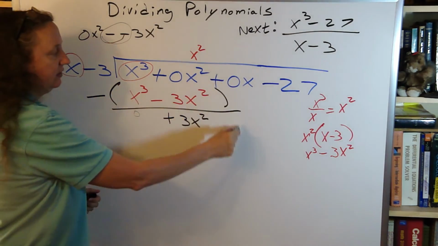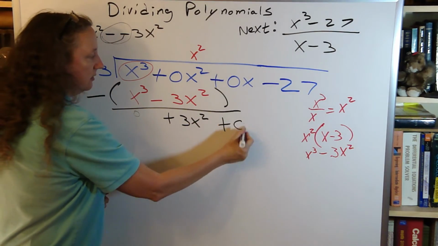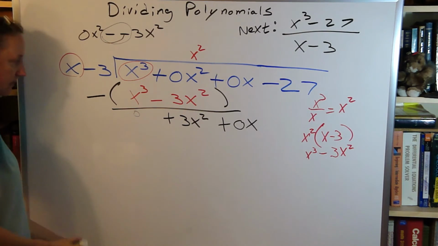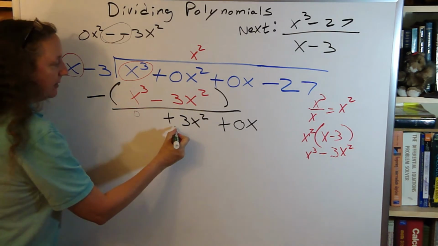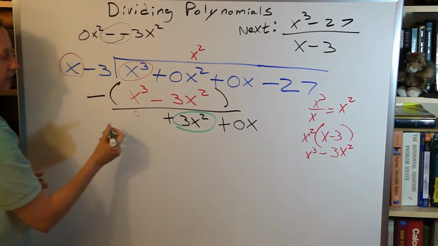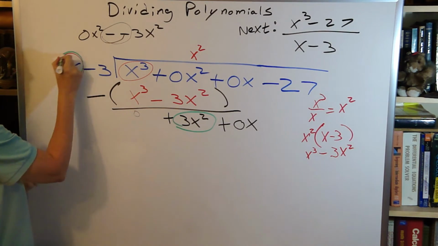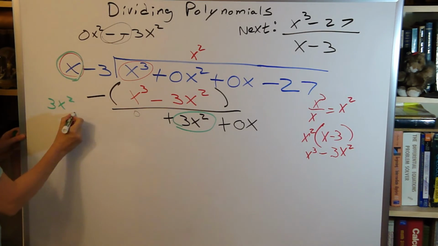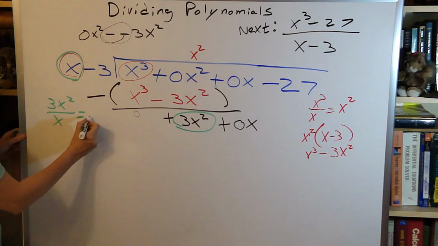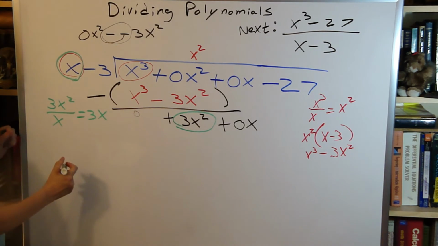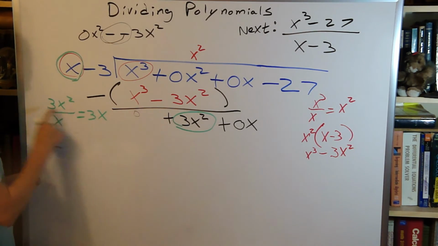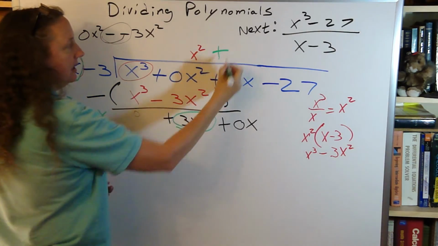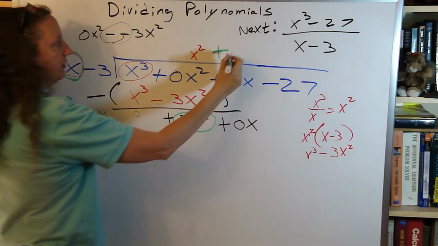I bring down my 0x. I take my 3x squared, first term, divided by x, first term. 3x squared divided by x is 3x. That was a positive, so it's a positive throughout. So I put a plus sign there, and I take my 3x up here.